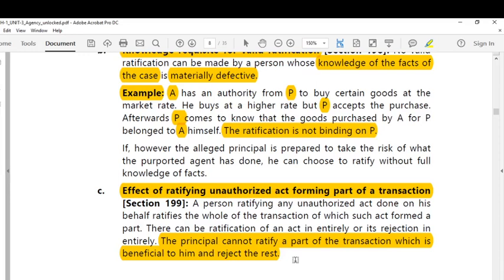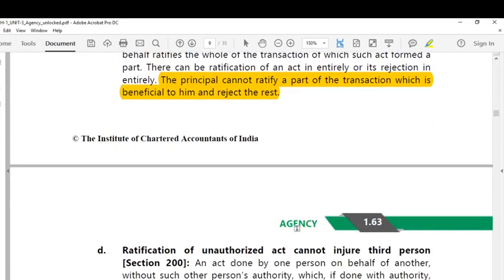The principal cannot ratify a part of the transaction which is beneficial to him and reject the rest. He can take it only as a whole. That is very much essential for a valid ratification.